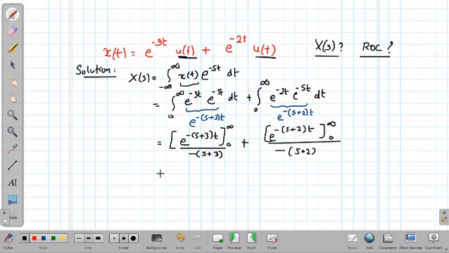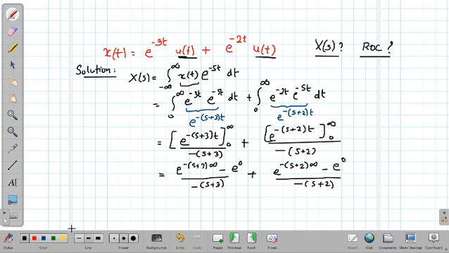Now applying the lower and upper limits: the upper limit is infinity, so it becomes e raised to minus of s plus 3 times infinity, minus e raised to 0, which is 1, divided by minus of s plus 3, plus the second term, e raised to minus of s plus 2 times infinity minus e raised to 0, divided by minus of s plus 2.